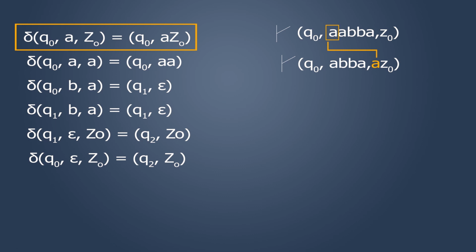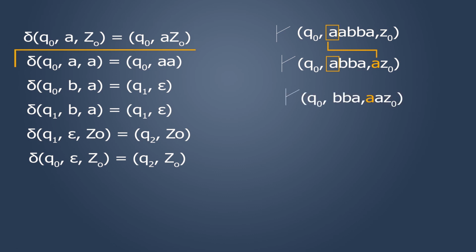We are on Q0 state. Now my input symbol happens to be A and my top of the stack happens to be A. Again, this A would be pushed onto the stack with the help of this transition function.